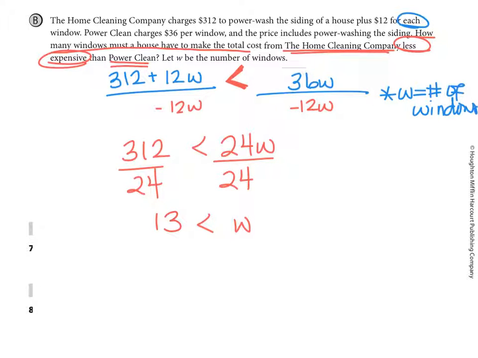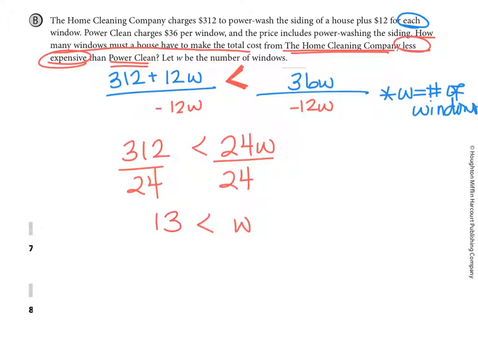Now, this is very important. When you finish a problem in inequalities, your variable needs to be on the left. Well, I can't just switch these just because I want to. If it was an equal sign, then you could. But with an inequality, you can't. So what you have to do is put yourself in W's shoes and read backwards.